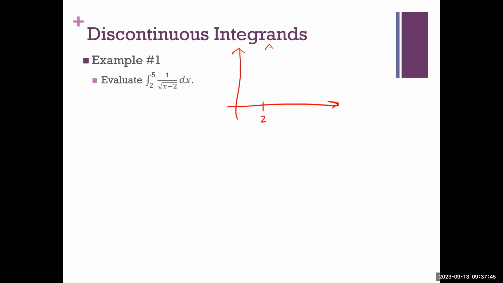So it's going to have a vertical asymptote near 2. So basically the area I'm trying to find is like this. So how tall is this weird shape going to be? It's going to be infinitely tall. So it has infinite height, but it still might have finite area. So that's what we're going to find with this integral.